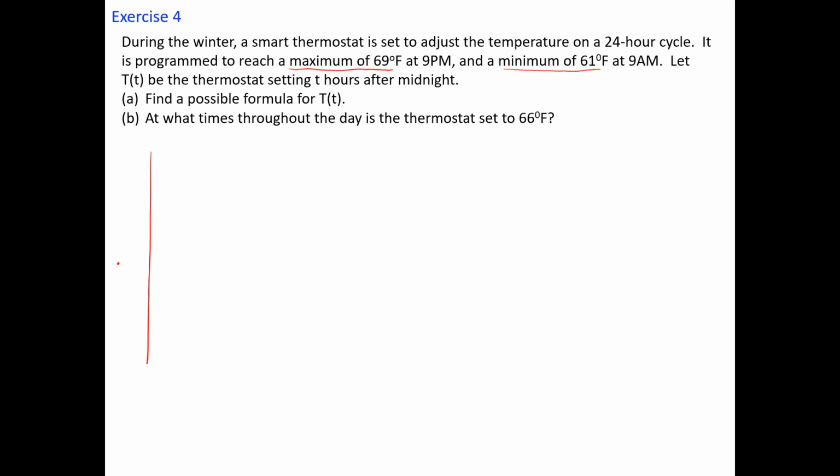Let me draw it. If 69 and 61, the difference is 8, right? The difference between maximum and minimum is 8 degrees Fahrenheit, then halfway will be 4. The amplitude is basically 69 minus 61, divided by 2.